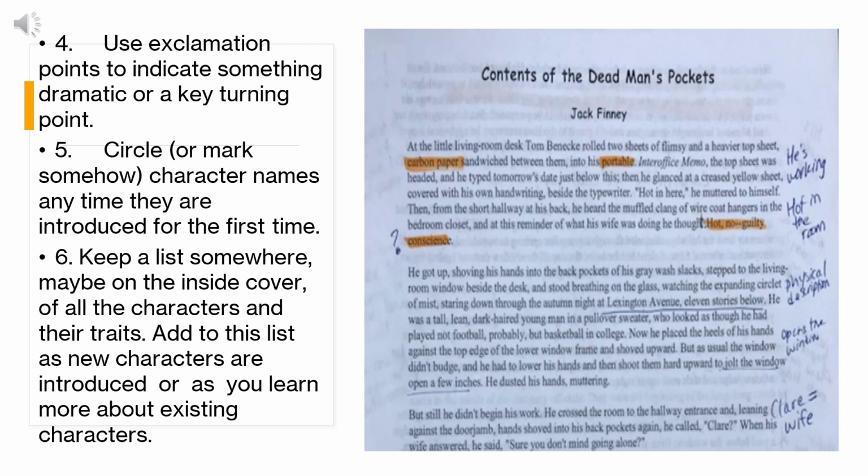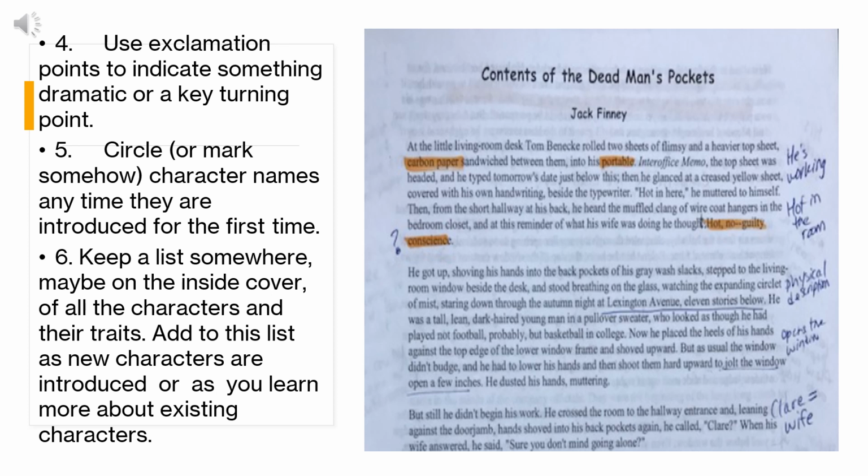Add to this list as new characters are introduced or as you learn more about existing characters. If you notice, numbers 4, 5, and 6 are used whenever you are making annotation for a story. Although the first three strategies can also be used in a story, I used them as we made annotation for a poem, Crossing the Bar.